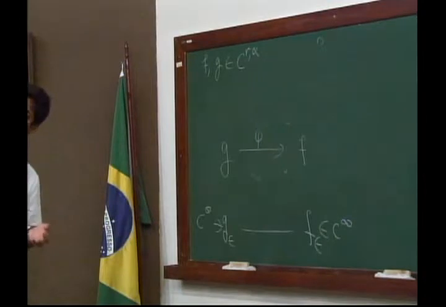And how do we approximate? Normally we smoothly approximate through convolution with a smooth function with compact support. But that is not the right way here. A much better way of smooth approximation is a technique due to Nash.